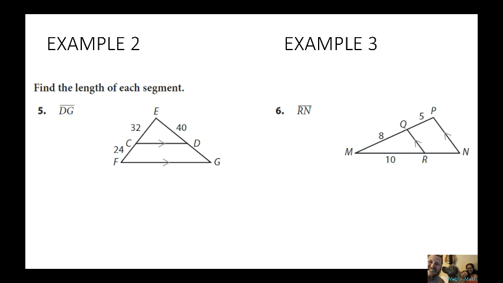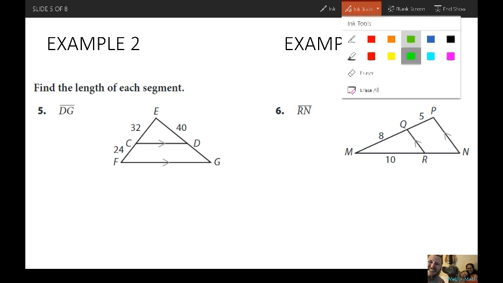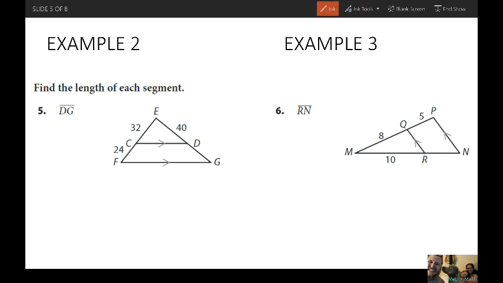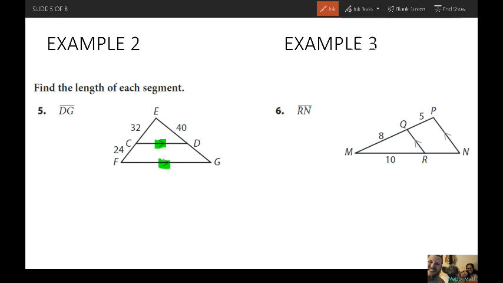Example 2 and 3. So I decided to be a pro and just do 2 on the same slide. So we're going to find DG. So let's see, if you're just looking at the image, you should be thinking, oh okay, I got parallel lines given to me. That's nice in the picture, right? That's awesome. So therefore, by the triangle proportionality theorem, let's see, DG, the one we're looking for, should be proportional to CF.